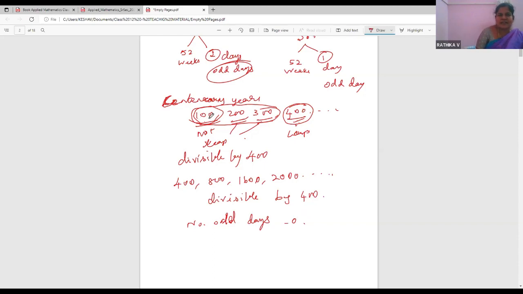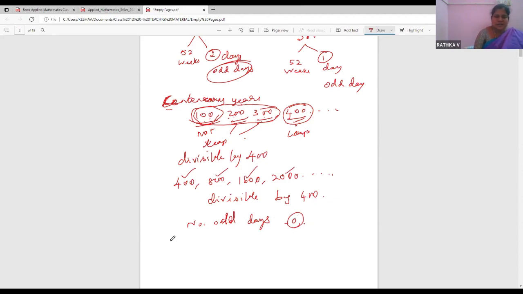Again, I say 100, 200, 300 are not actually leap years. Though they are divisible by 4, they are not considered leap years. For centenary years, only when divisible by 400 do we say it is a leap year. So the number of odd days in 400, 800, 1600, 2000 is 0.